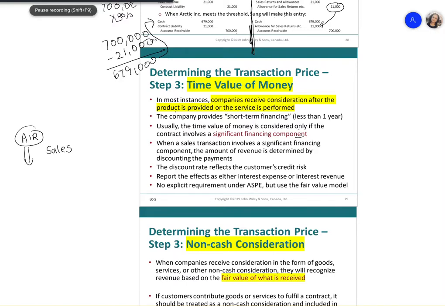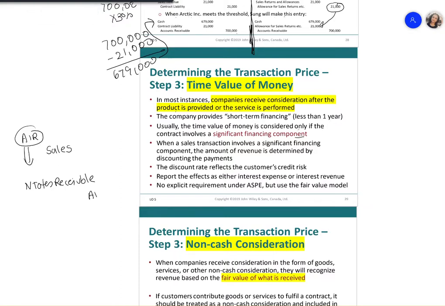Accounts receivable is when you sell something on credit. Instead of accounts receivable, they give us a notes receivable. When you have an interest bearing notes receivable, you're going to receive interest payments.